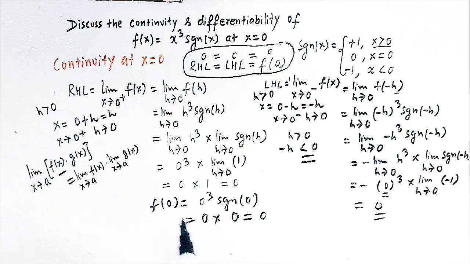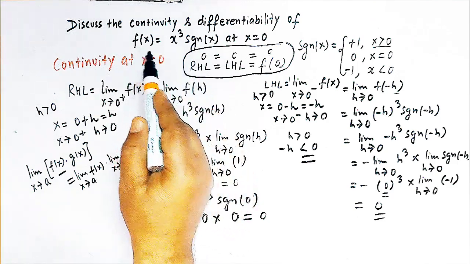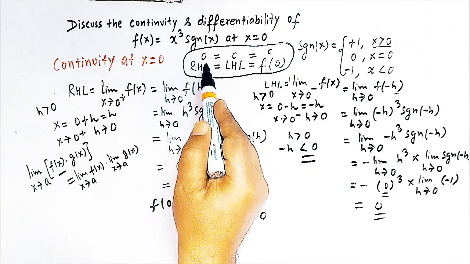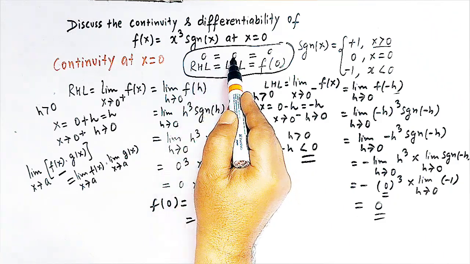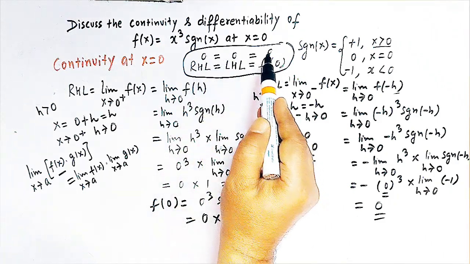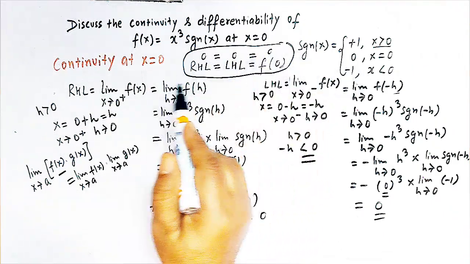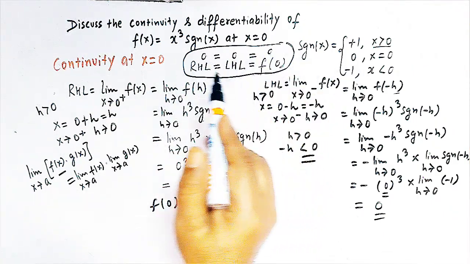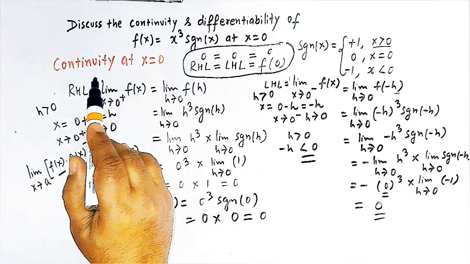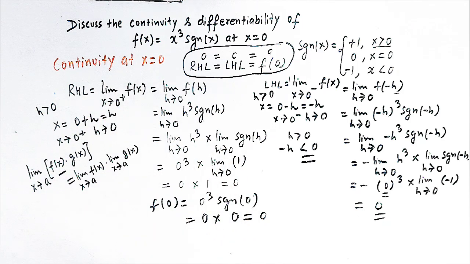So here we conclude that for this function the right hand limit is equal to 0, the left hand limit is equal to 0, and f of 0 is also equal to 0. So all these three quantities are equal to each other, hence this function is continuous at x equal to 0.